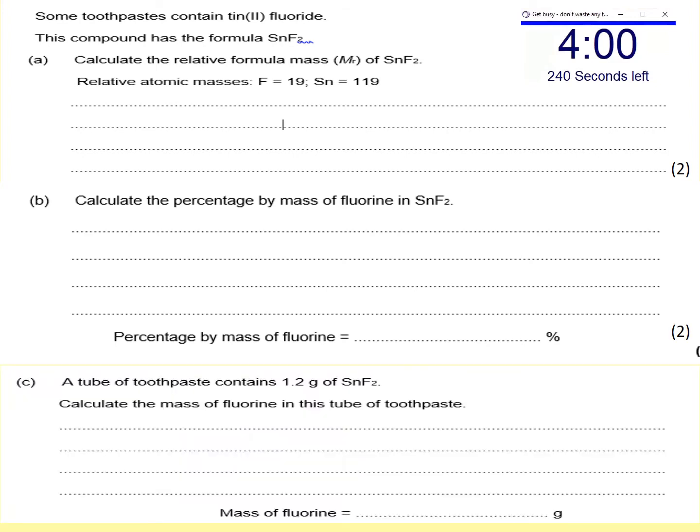And then the next step is to calculate the mass of fluorine in a tube of toothpaste when they tell you the amount of tin fluoride that is actually in there. Okay, so I'm going to give you 4 minutes to work through this series of calculations. It's not as tricky as you think if you work through using the methods that we've met so far.